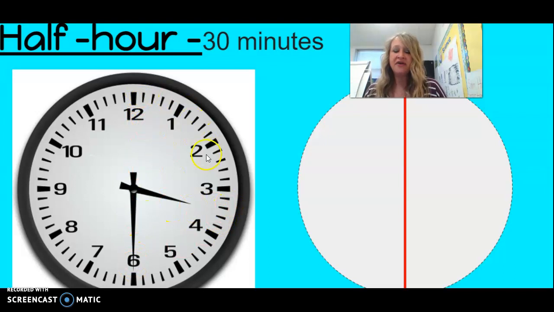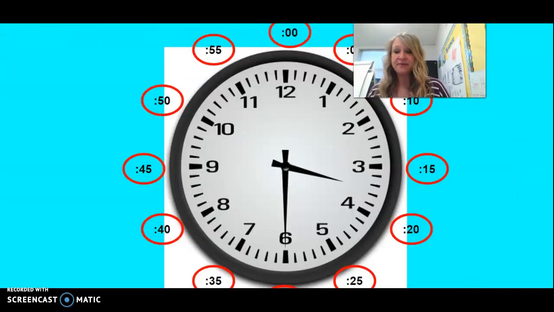When we count by fives, we get to what number? Well, when we start up here at 12, that's 0, 0, remember, for o'clock. We start counting by fives at number 1. When the minute hand is pointing to the 1, we say 05. Let's practice.